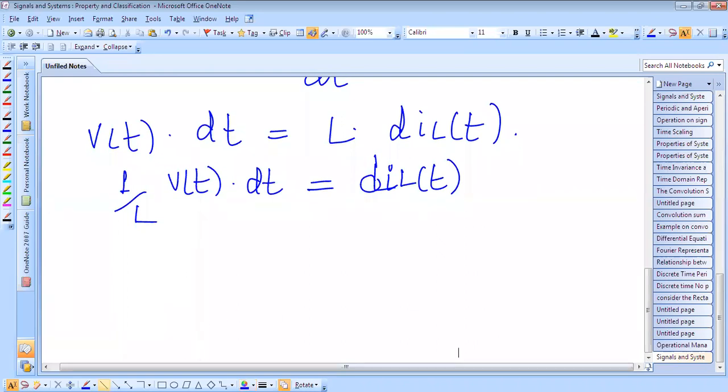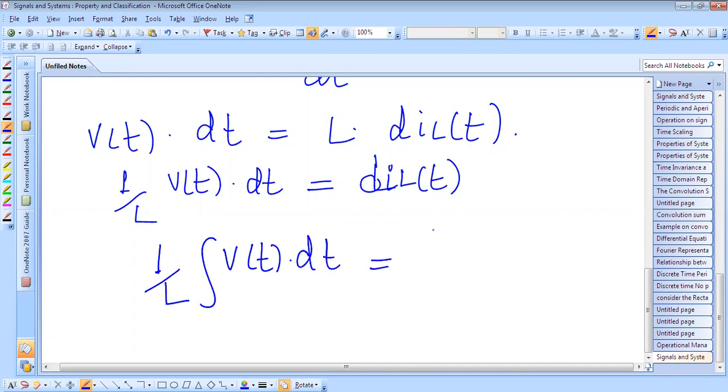Next, if you take the integration, 1 over L into the integration of v of t into dt is equal to the integration of the derivative, which is iL of t.